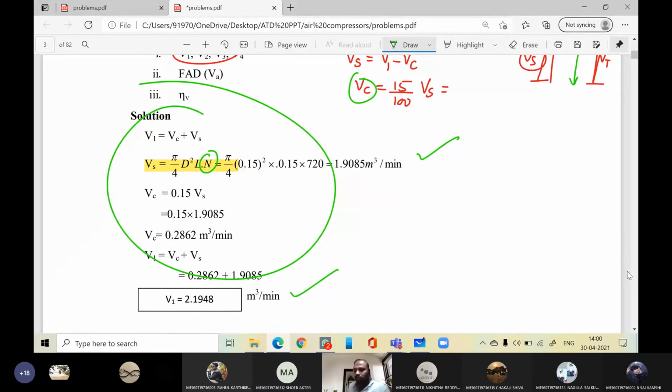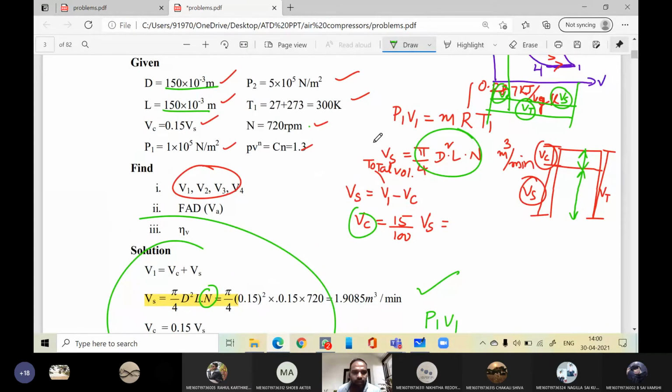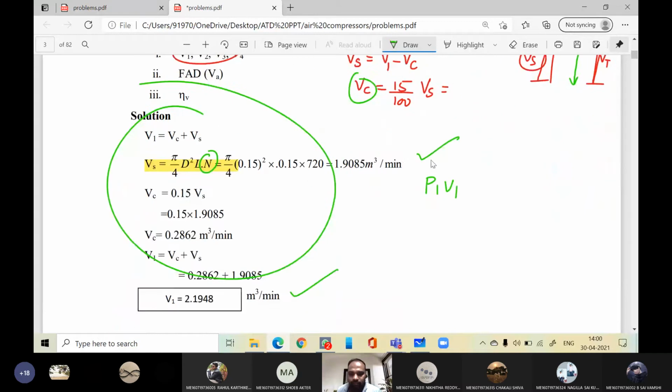Now, once you know V1, V2 can be calculated easily, because P1 V1 power n, where n value is given as 1.3, is equal to P2 V2 power 1.3. So V2 is equal to V1 into P1 by P2 whole power 1 divided by 1.3.